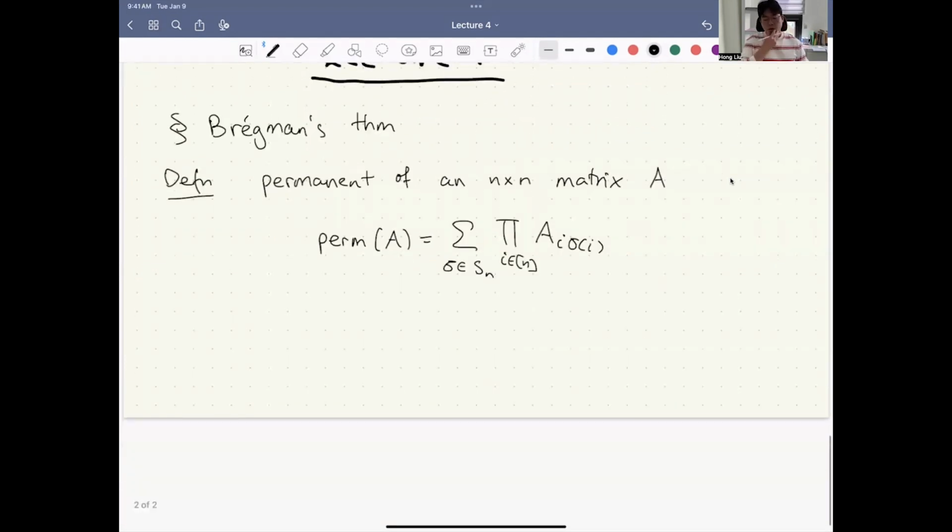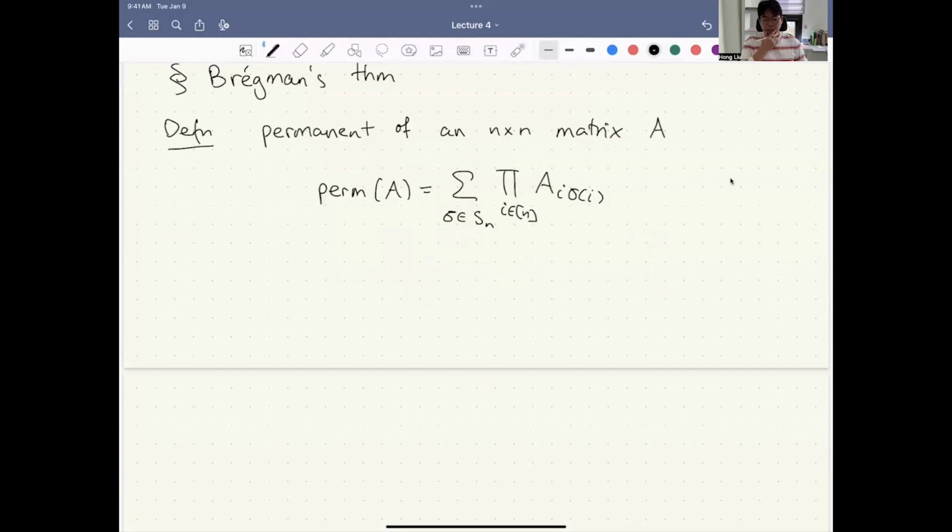Now, this is kind of like the determinant of the matrix, but the signs somehow get forgotten. That makes all the difference, because for determinants there's an efficient algorithm to compute it, but for permanents, just because of the difference of the signs, it's computationally difficult to determine the permanent.